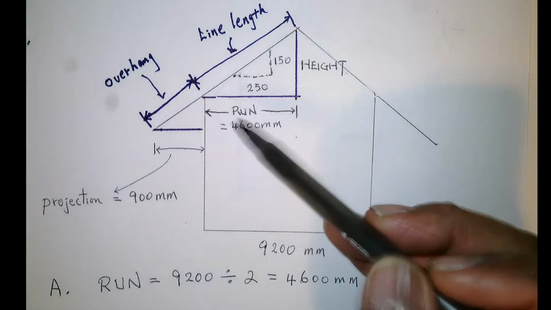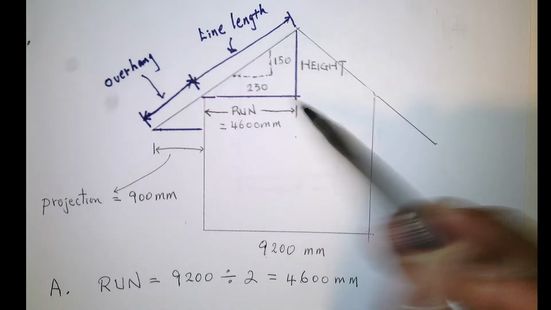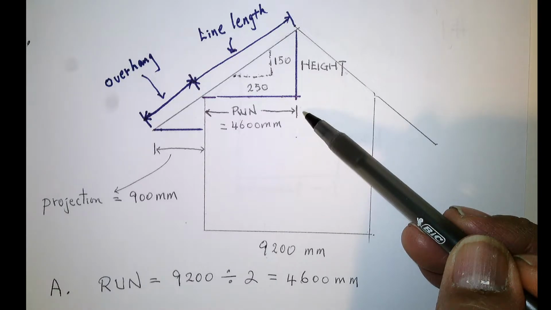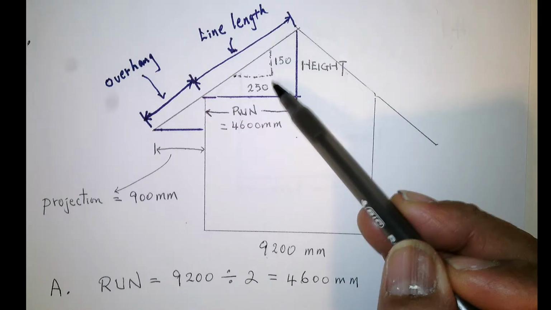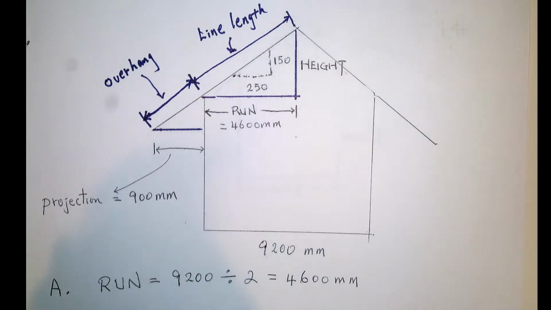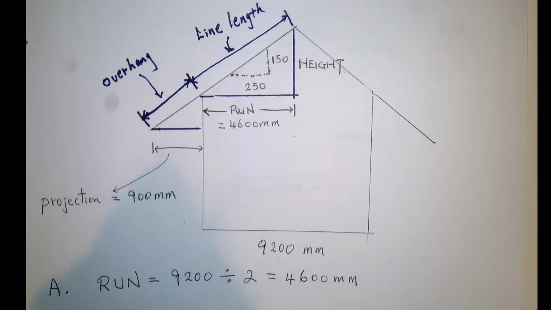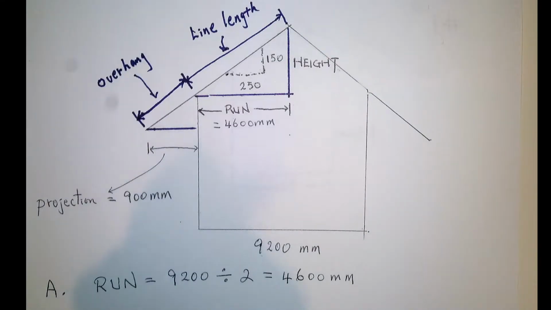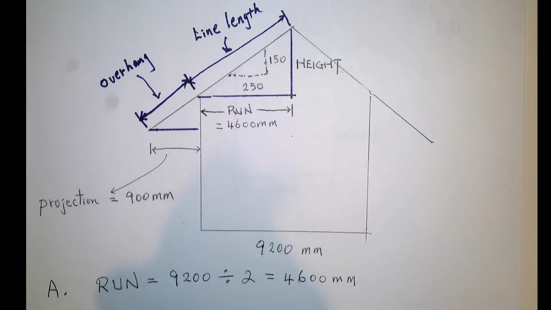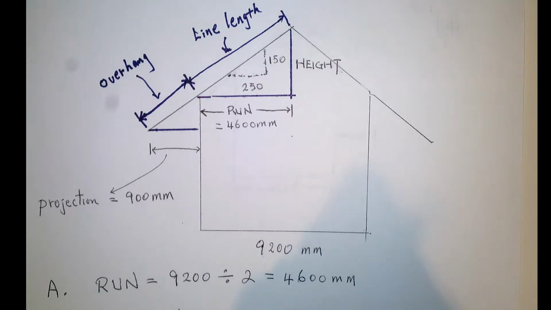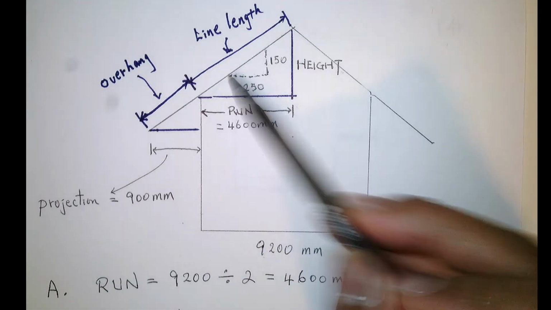So the mathematical concept behind all the calculation is proportion. At the very beginning, we're trying to find out how much more increase, comparing the unit run and the overall run of the house. So part B: the question is the number of unit runs. One unit run is 250.